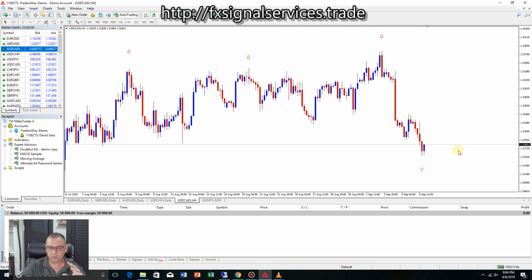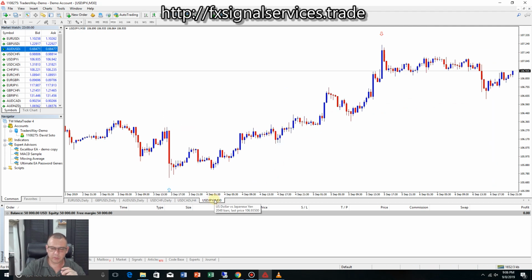As you can see, we've had a lot of range in the market in the past, and we're going to continue seeing that. But overall, this is going to be going down because a level of support here has already been broken. So we do not expect this to go up too much this week. I would probably be looking for sell opportunities only for USD CAD.